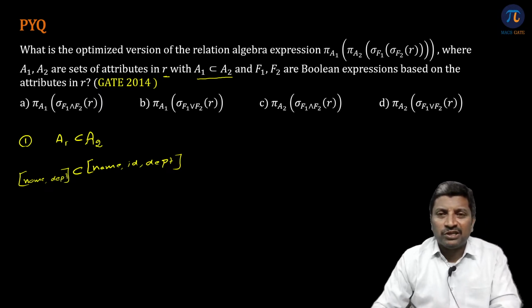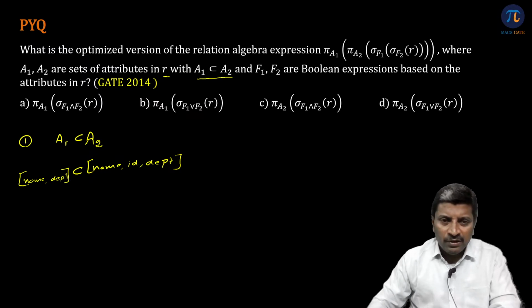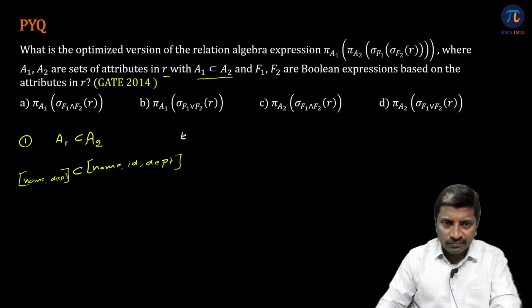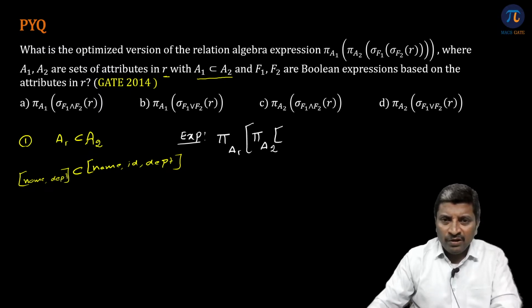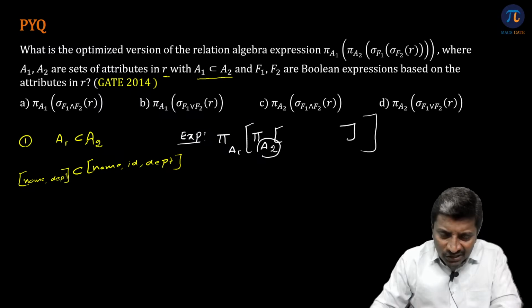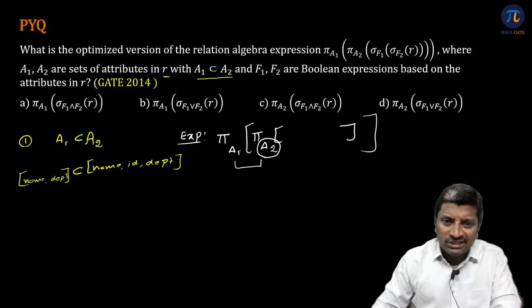The next one is these two are the conditions, right? Now look at this, sir. What is the expression they gave, sir? Pi A1 of pi A2 of, here I have something, right? Before going to that, from a larger collection of attributes, you are selecting a subset.